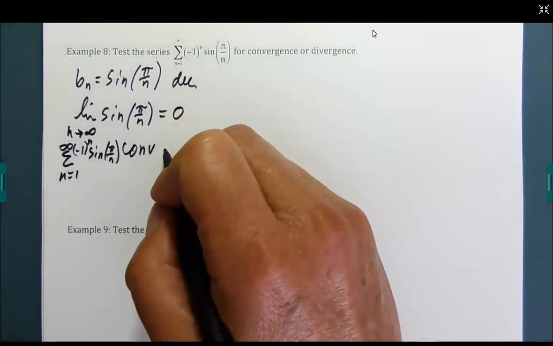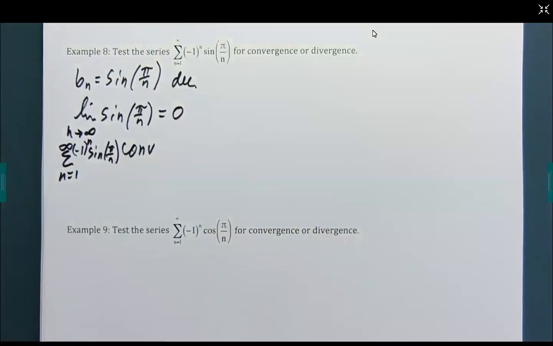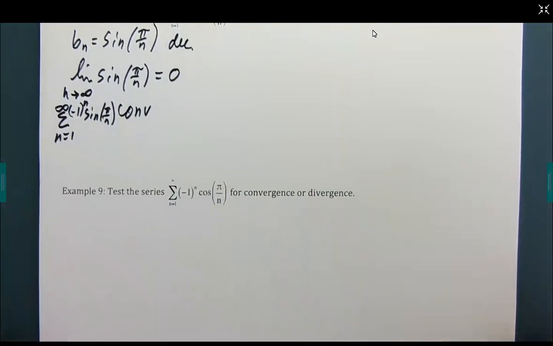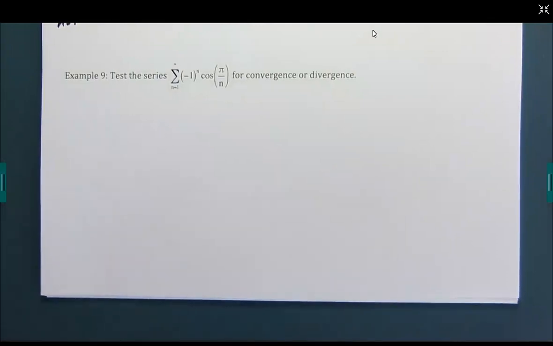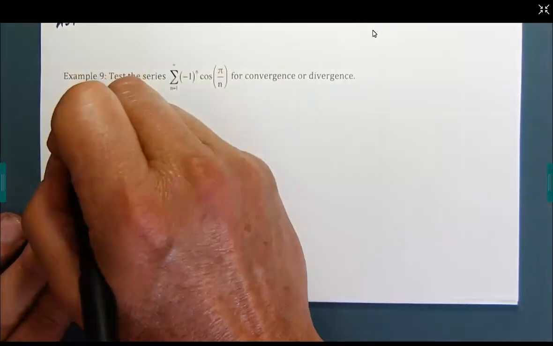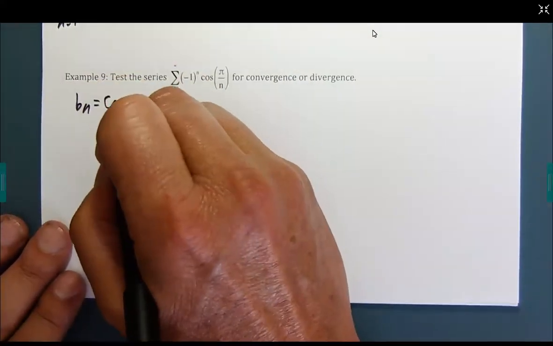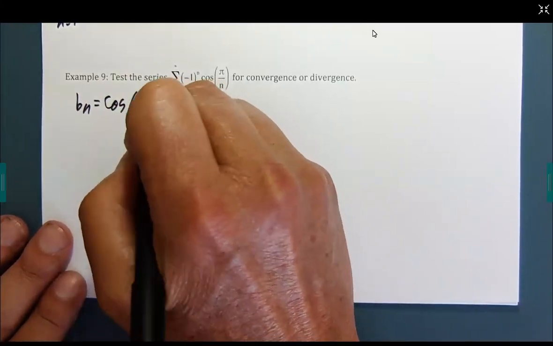So this series is convergent. All right, now let's see if the same thing works for cosine. It won't. My b sub n in this case is going to be the cosine pi over n.